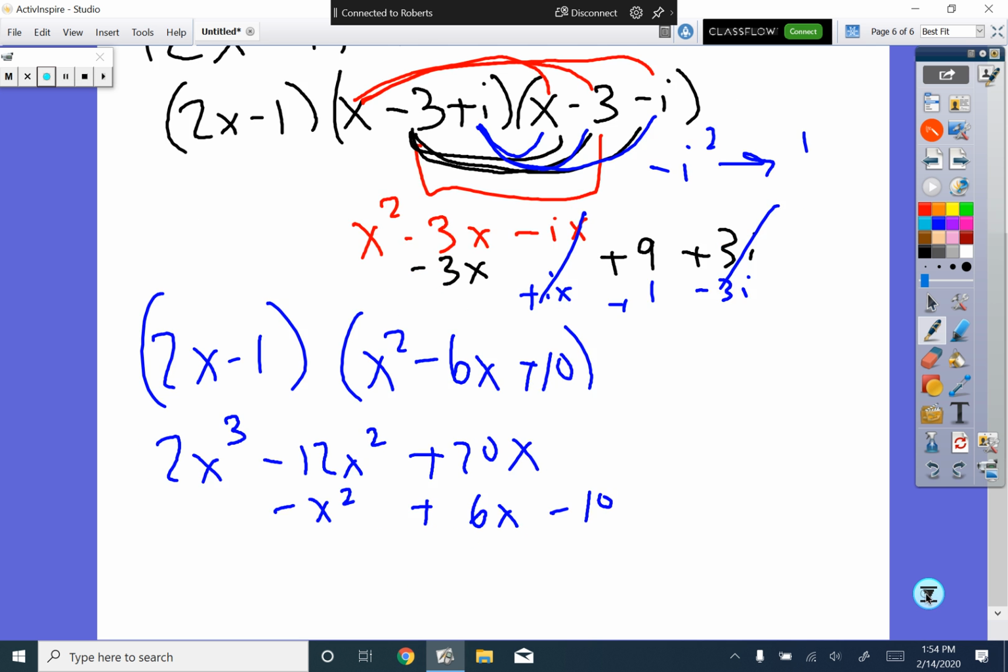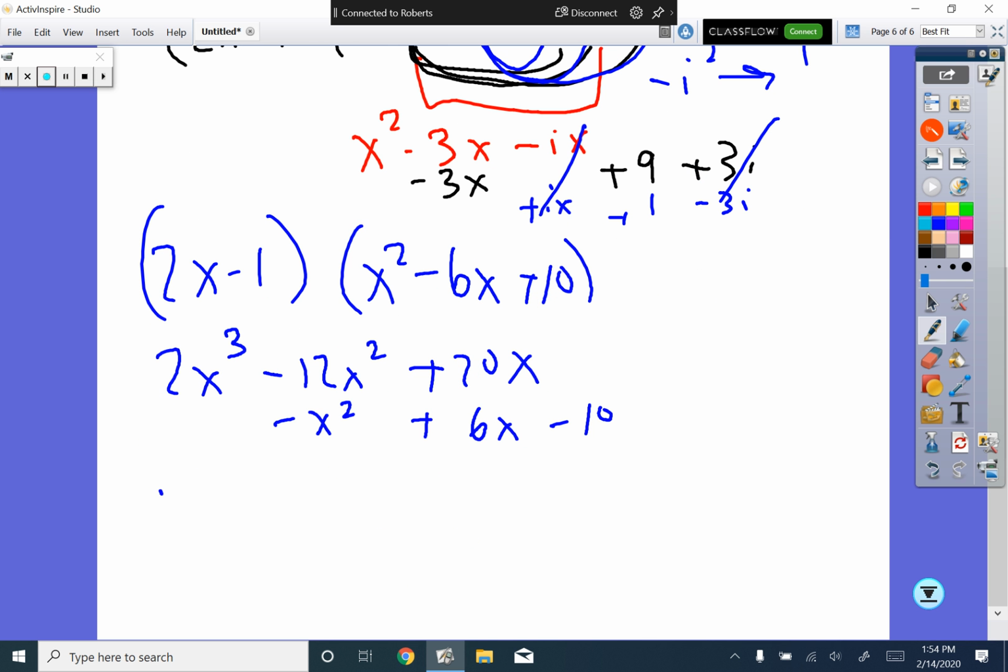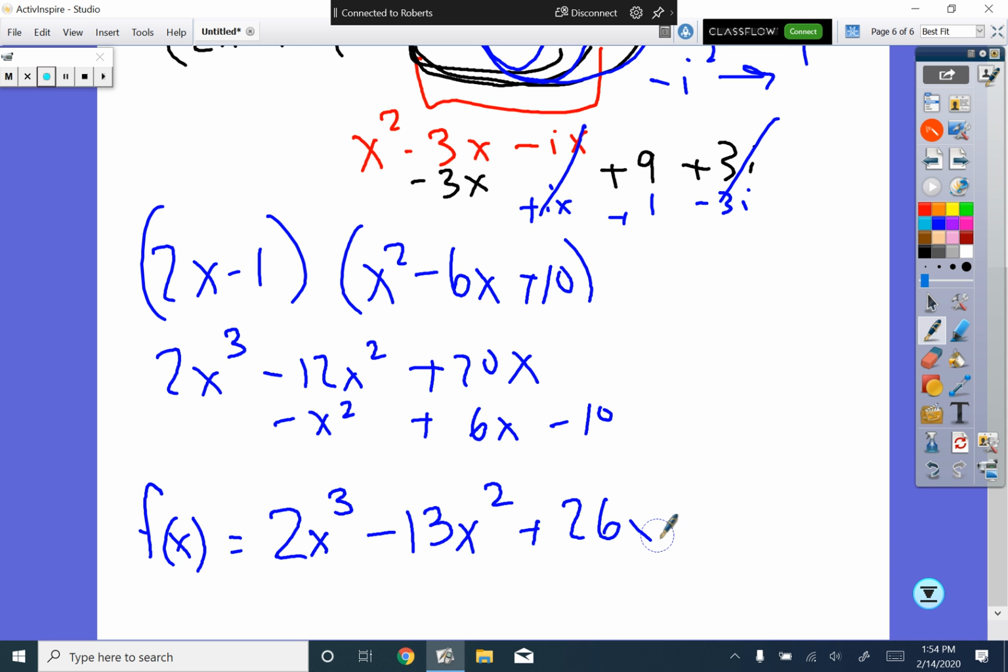So what is that equation total? f of x would be 2x cubed minus 13x squared plus 26x minus 10. I put a 7, but it should have been a 6.